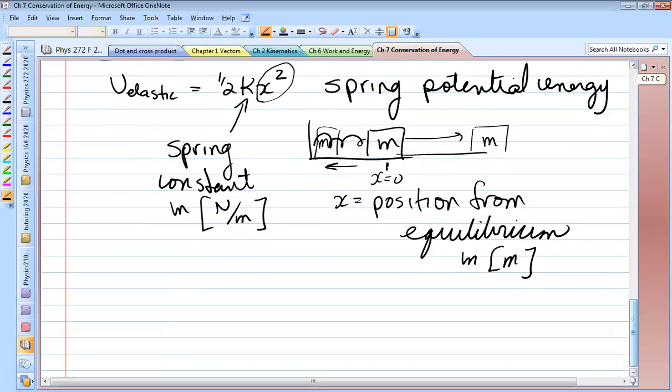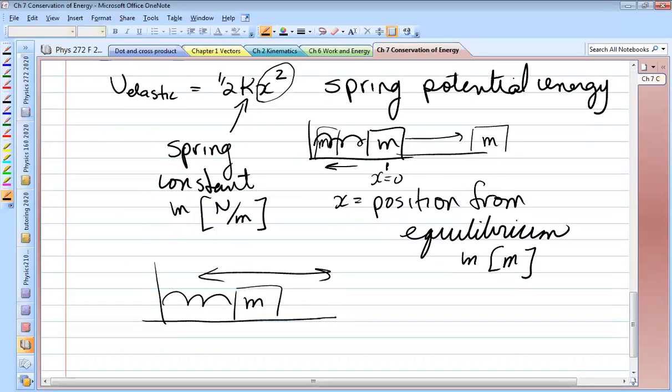And so as a spring, we're going to see in the future chapters, when we start letting these masses oscillate by themselves on a spring, as this goes back and forth, the energy is swapping from kinetic to potential to kinetic to potential. So as you pull it aside, you're storing up potential energy. As it moves over, you let go, and that potential energy turns into kinetic energy as it goes zooming past equilibrium.